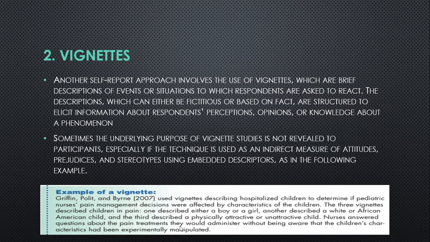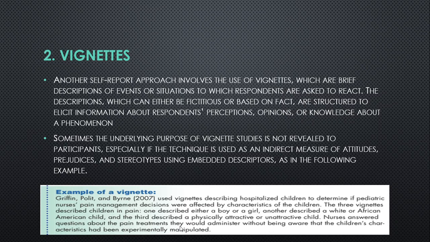Vignettes are another self-report approach, which includes the use of vignettes, which are brief descriptions of events or situations to which respondents are asked to react. The descriptions, which can either be fictitious or based on fact, are structured to elicit information about the respondent's perceptions, opinion, or knowledge about a phenomenon.